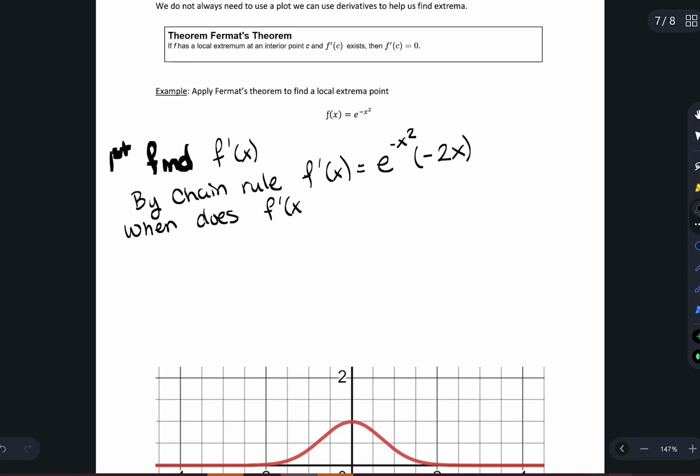And so my next question, in order to apply this theorem, is: when does the derivative equal 0? To find this, I could set negative 2x e to the negative x squared equal to 0 and solve. But notice that e to the negative x squared will never equal 0.